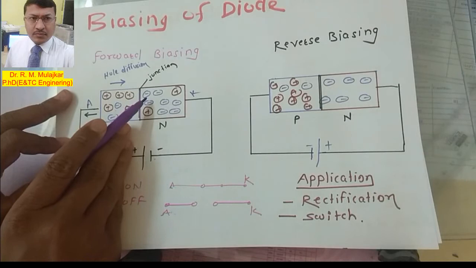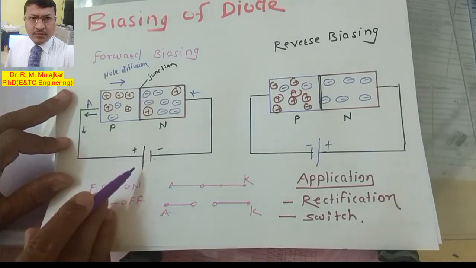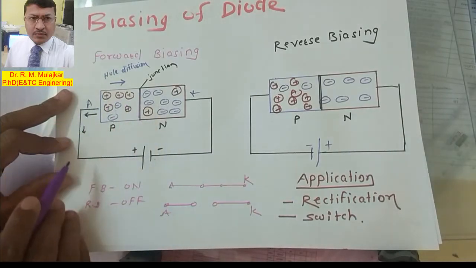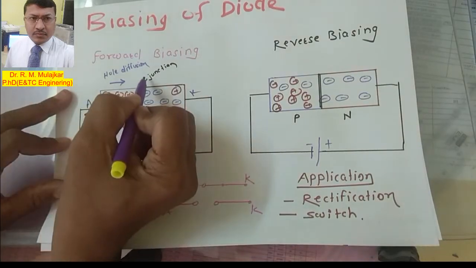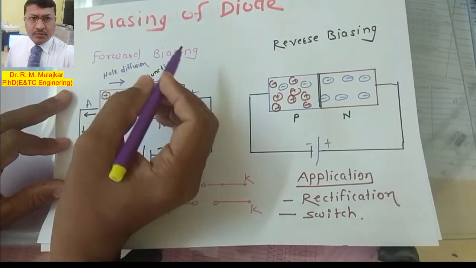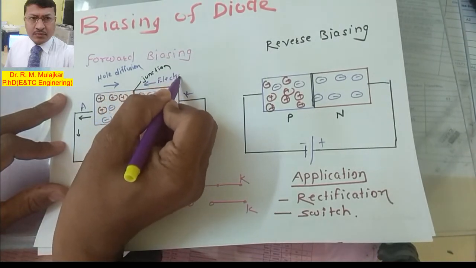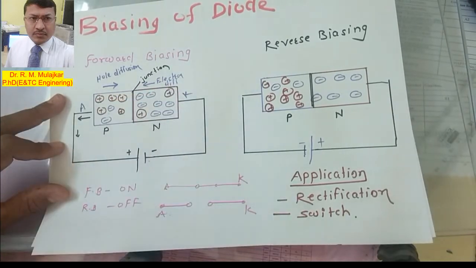Now, electrons have a negative charge, and I have connected the positive polarity here, so the negatively charged electrons are attracted towards the positive terminal of the battery. This is electron diffusion.